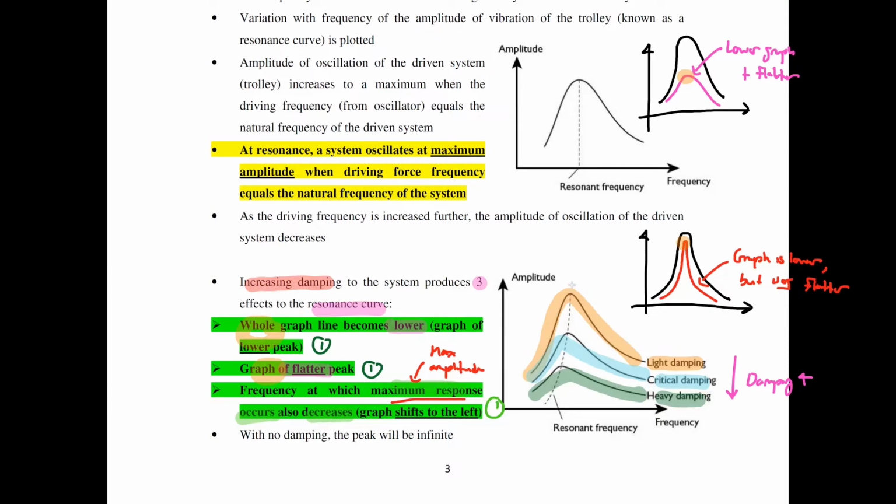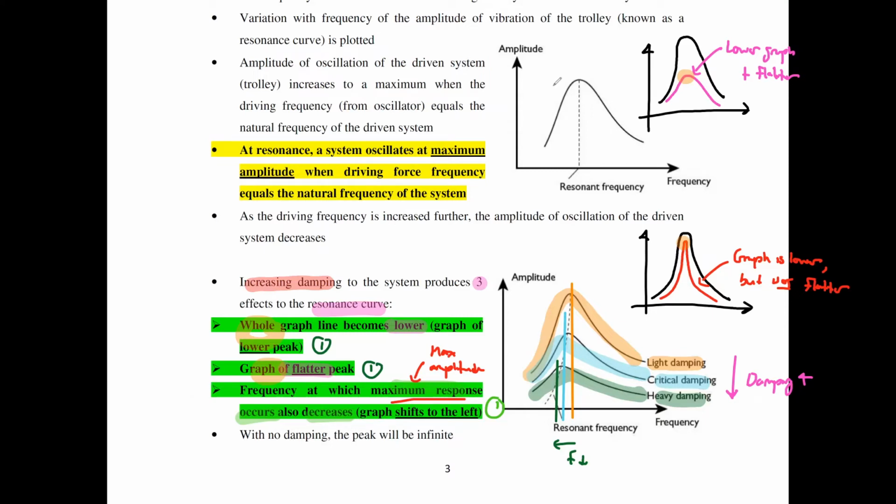For light damping, your maximum amplitude occurs here, or rather your resonance occurs there. For critical damping, your maximum amplitude or your resonance occurs here. And then for heavy damping, your maximum amplitude or resonance occurs here. So you notice that the frequency is actually decreasing when it concerns the point where you get maximum amplitude. All right, so that's why here we say the graph tends to shift to the left.